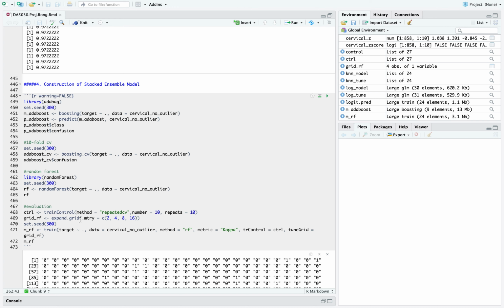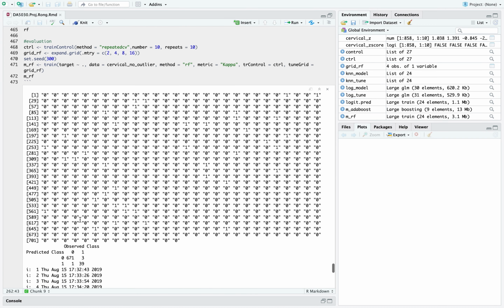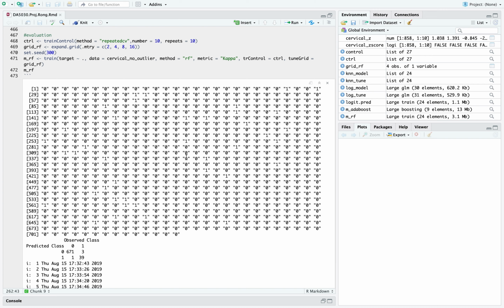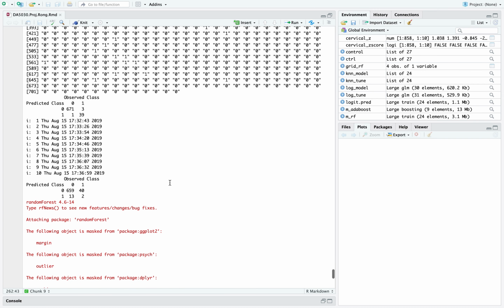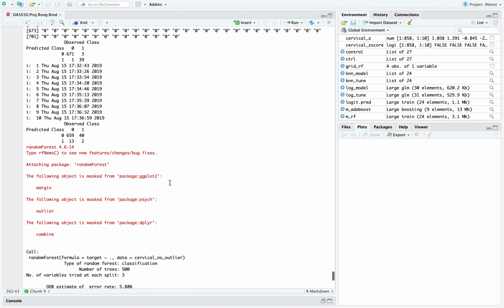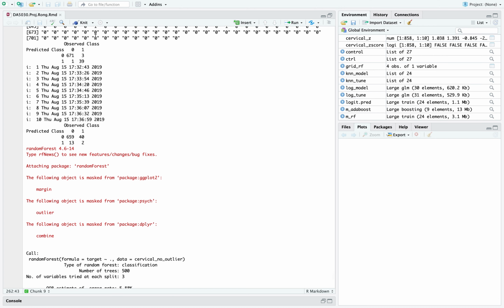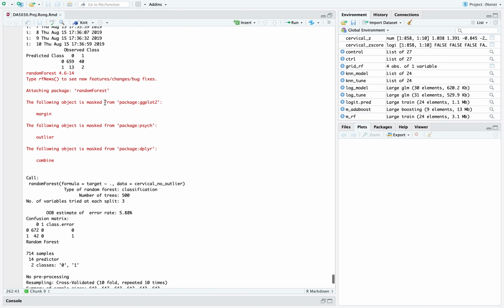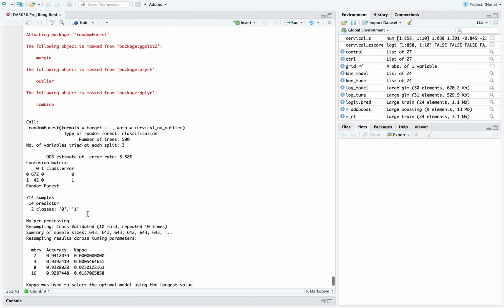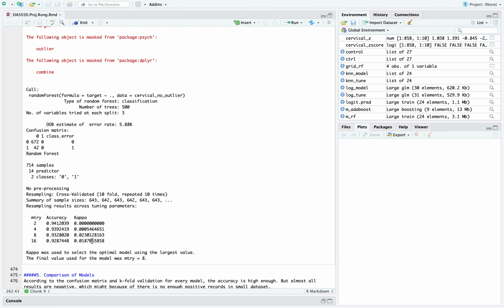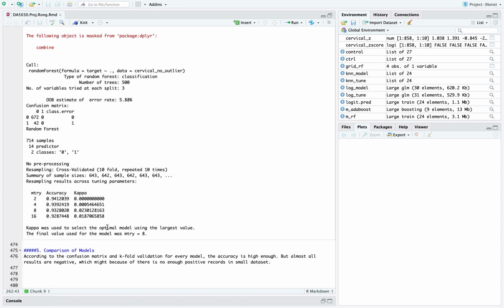It boosts the performance of weak learners to attain the performance of strong learners. So this is the result. Here is the confusion matrix, and here is the accuracy.